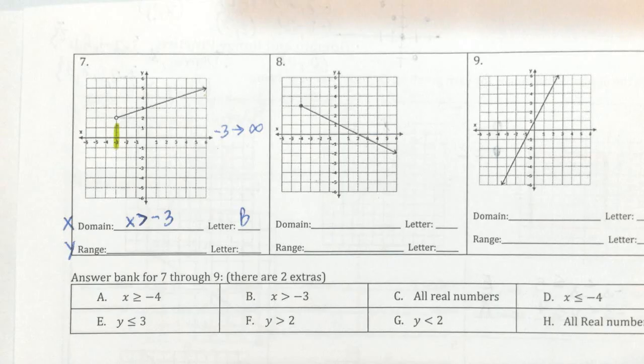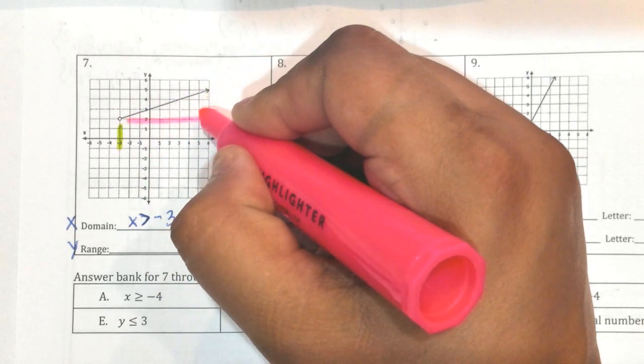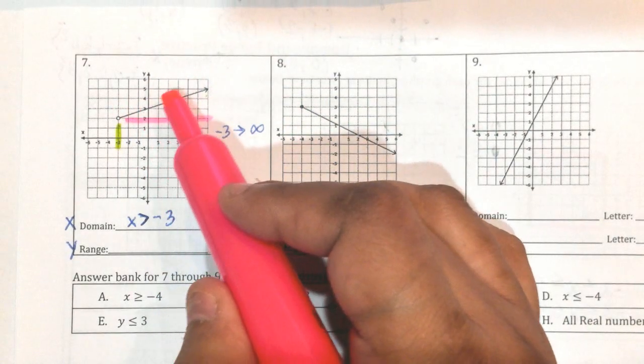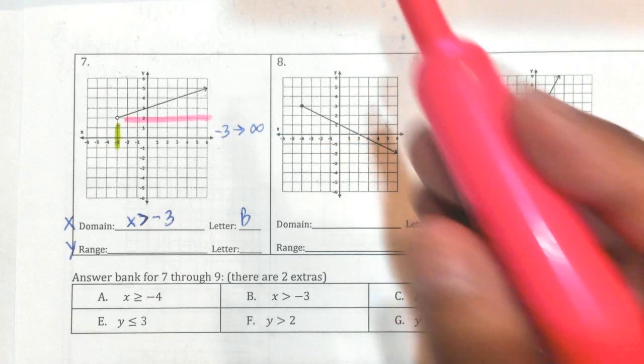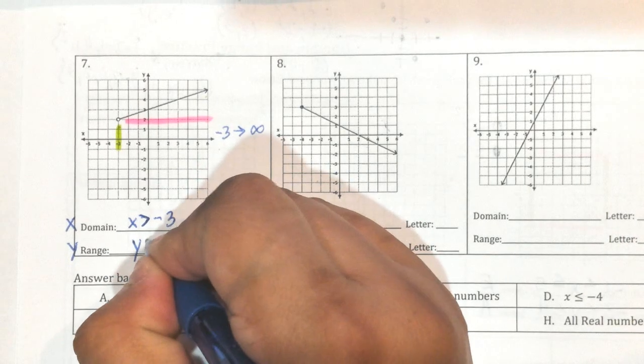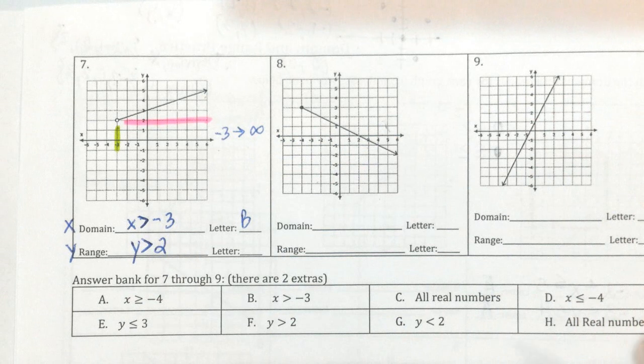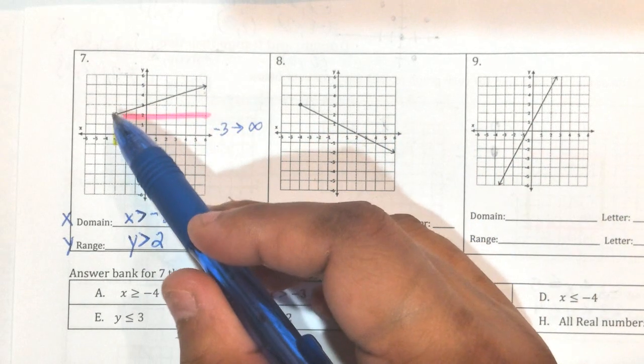Alright, so now the range. The range is my Y. So here's my range right here. It's 2. Now this is going up forever and ever. So it's greater than 2. So I have Y is greater than 2. Now again, I'm using the greater than because it's an open circle.